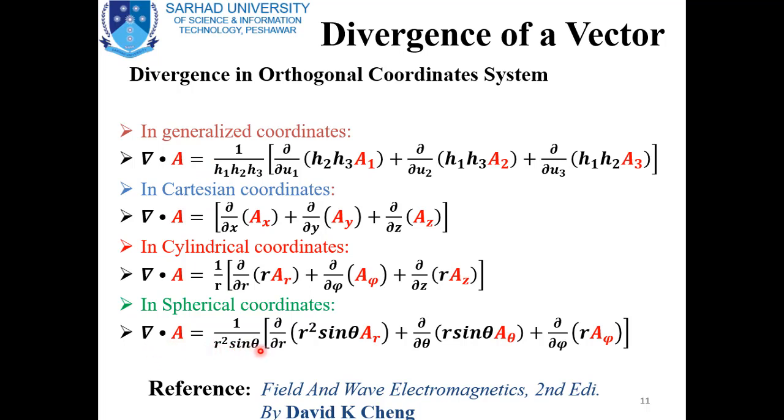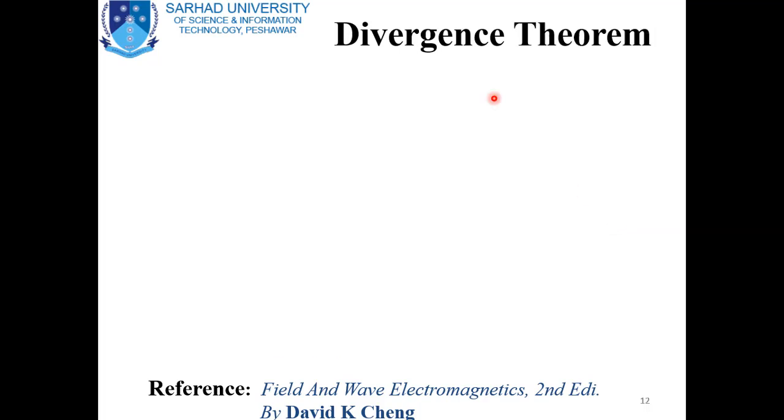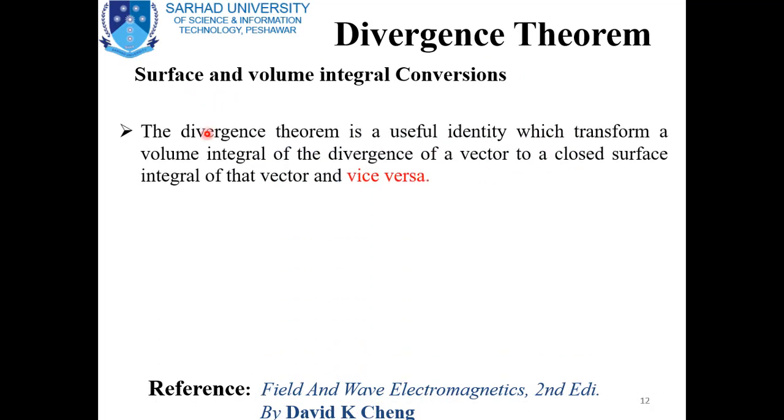in the spherical coordinates. Now we will discuss the divergence theorem, and this theorem relates a surface integral with a volume integral. So the divergence theorem is a useful identity which transforms a volume integral of the divergence of a vector to a closed surface integral of that vector and vice versa.